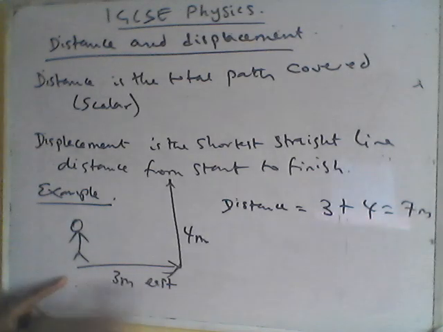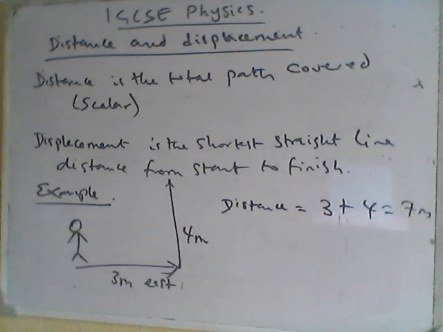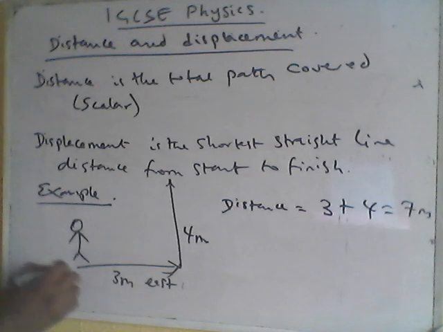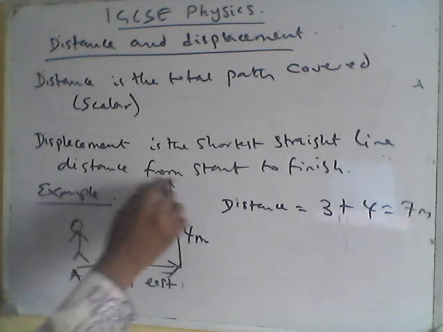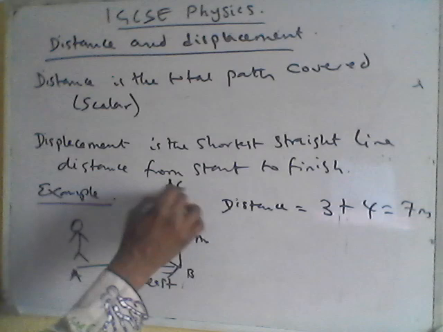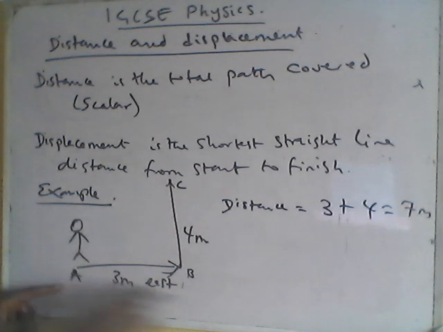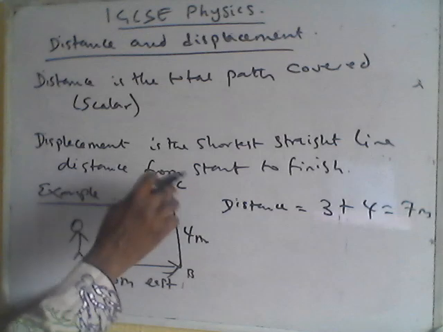But the displacement is the resultant. So I will look at the first position of this student and the last position. At the end of this movement, the student who started at A appears at C.